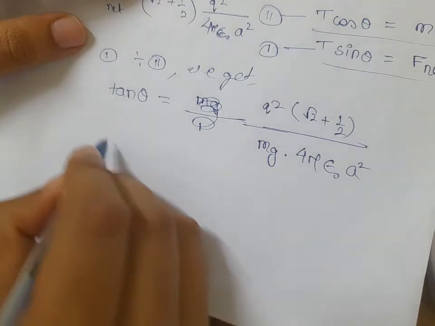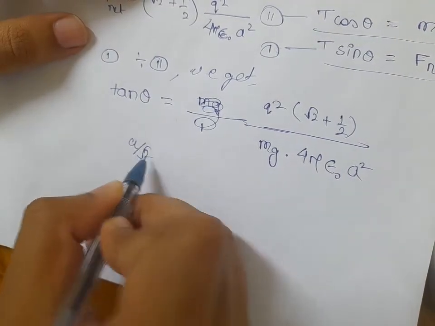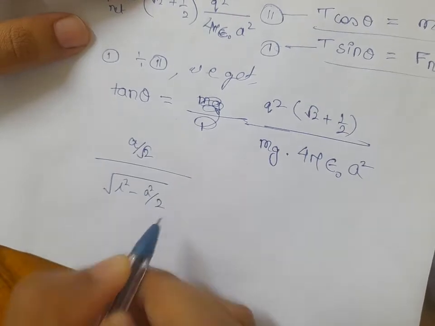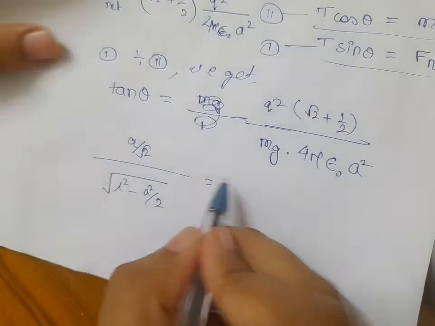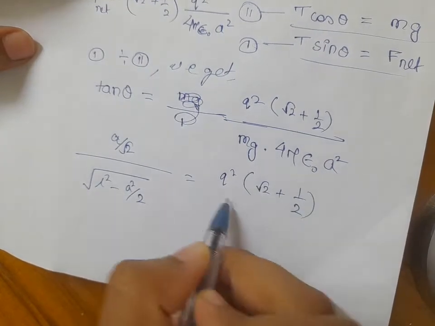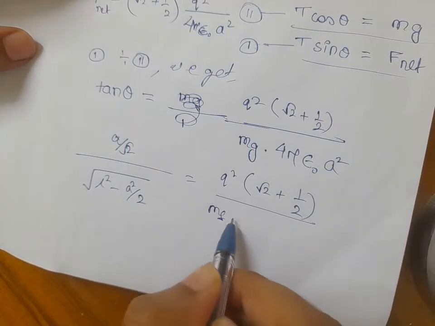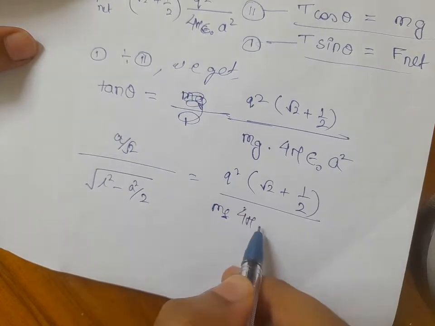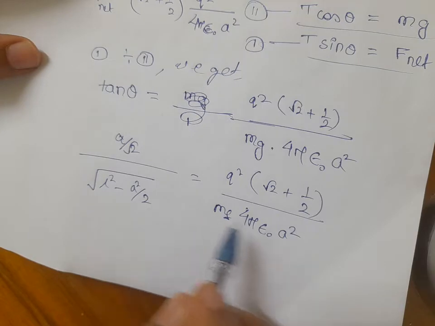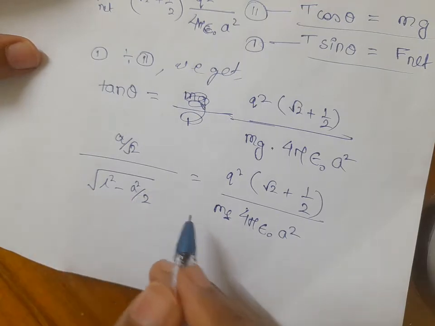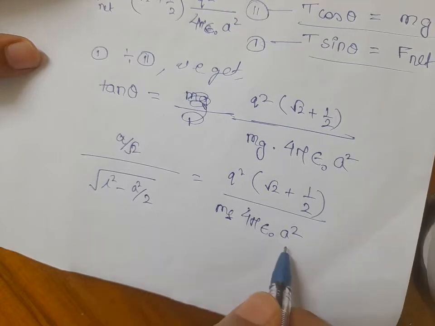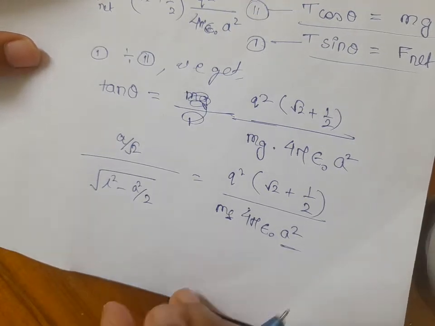So A by root 2 divided by root of L squared minus A squared by 2 is equal to Q squared (root 2 plus 1 by 2) divided by mg 4 pi epsilon naught A squared. So using cross multiplication, you have to find out the value of A. This is homework for you. I leave this.